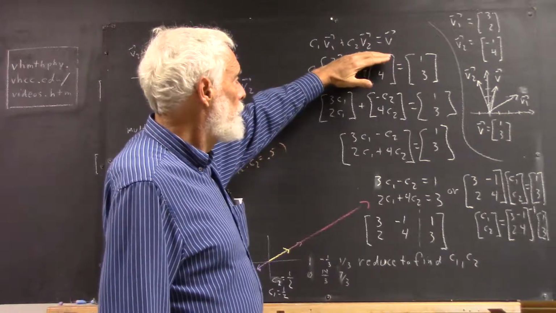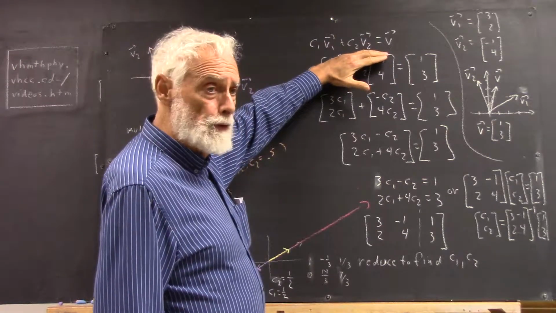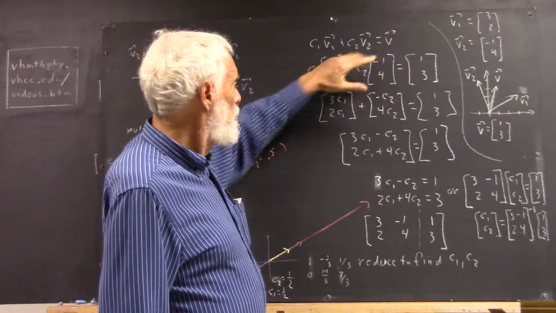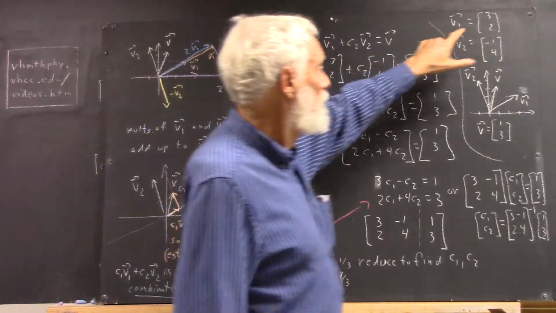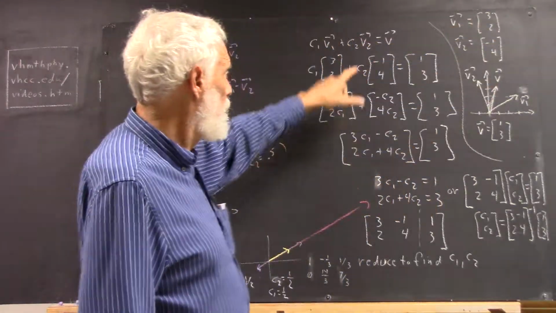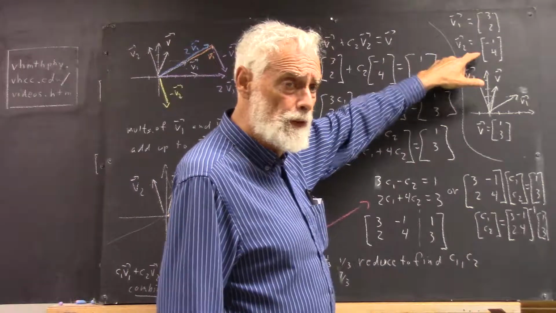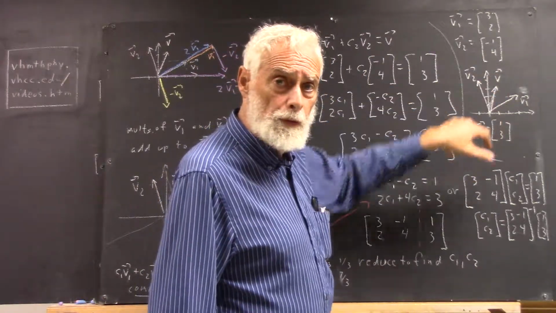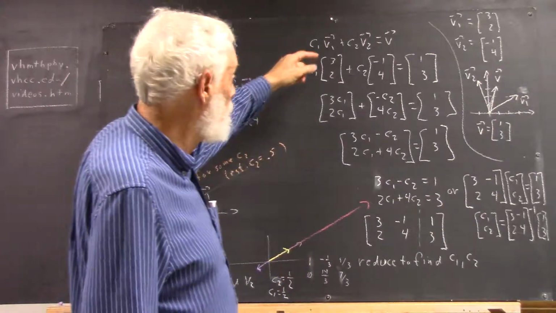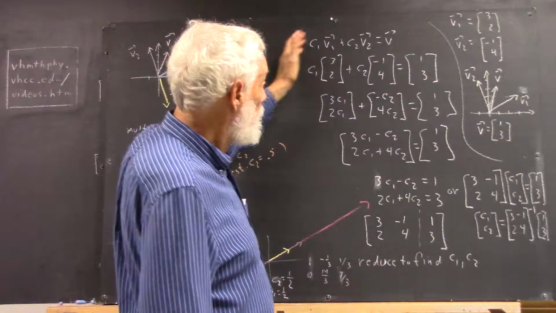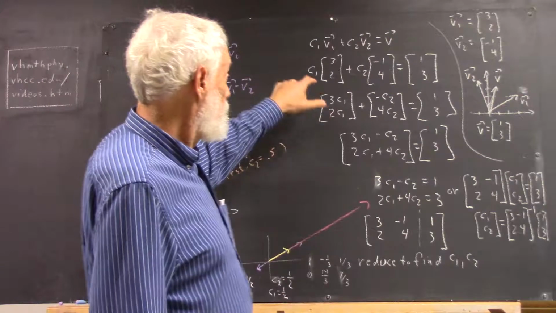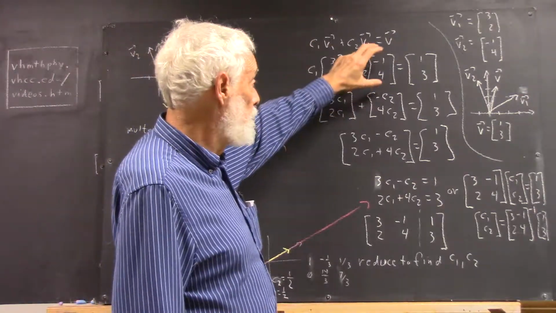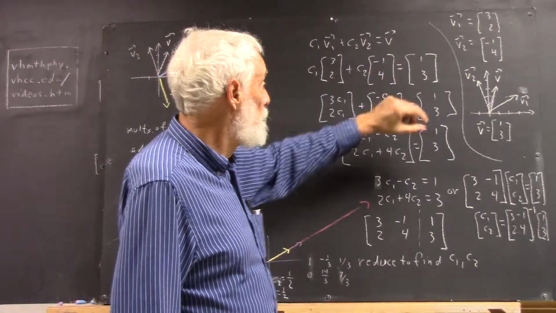Well, a lot of people are getting hung up on the first step of solving this, but don't we have the column vector for V1, and don't we have the specific column vector for V2 and the specific column vector for V? We know these three vectors, so let's substitute what we know about these vectors into this equation, and we get C1 times (3, 2) plus C2 times (-1, 4) equals (1, 3).